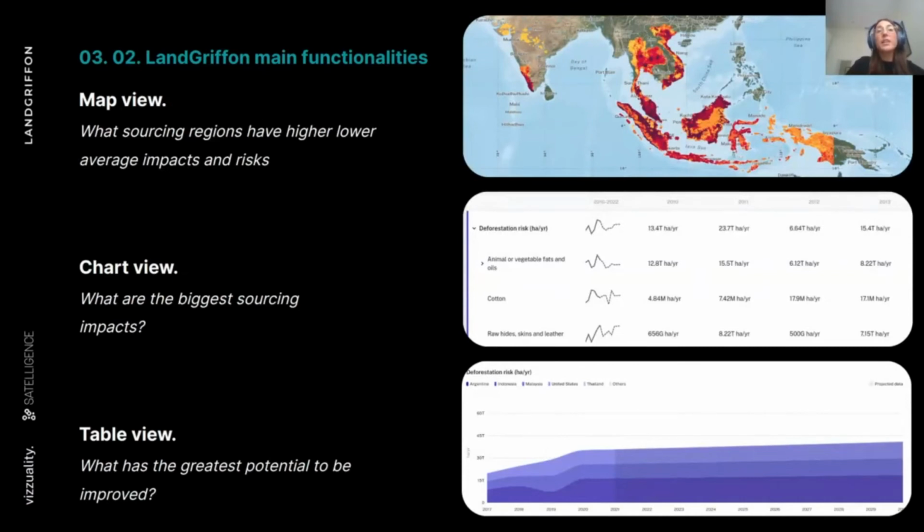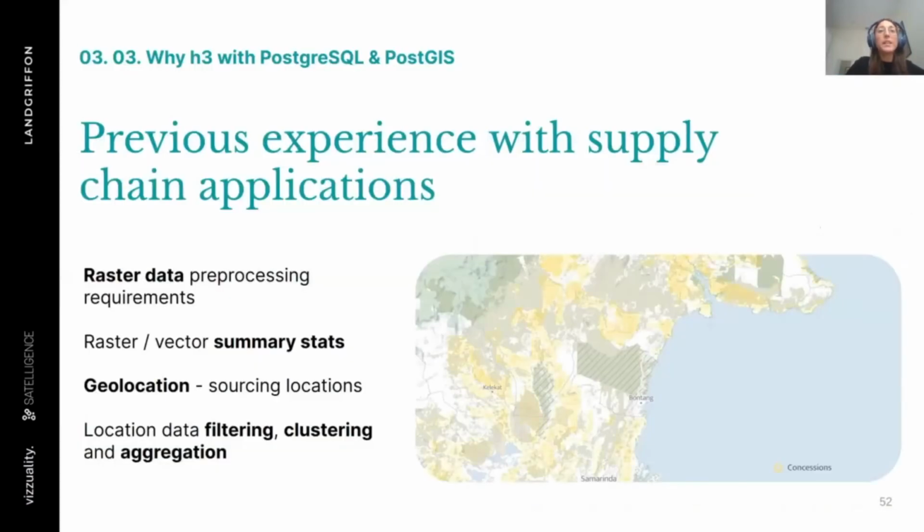So we have to carefully think about how to perform all these calculations. In some previous supply chain projects, we directly used raster data and vector data to perform summary statistics at database level.